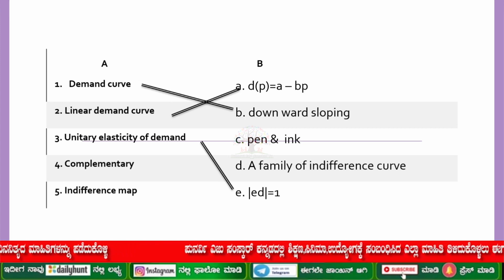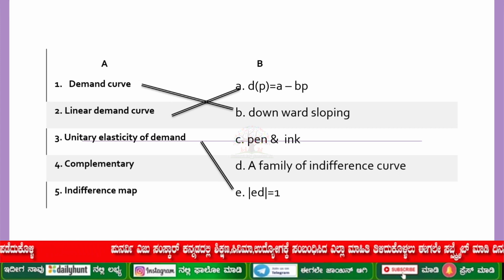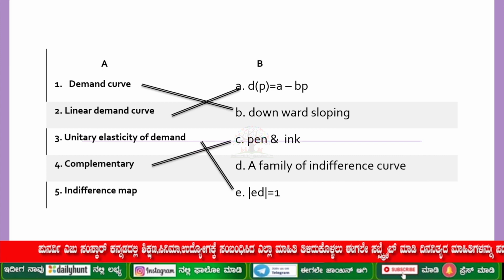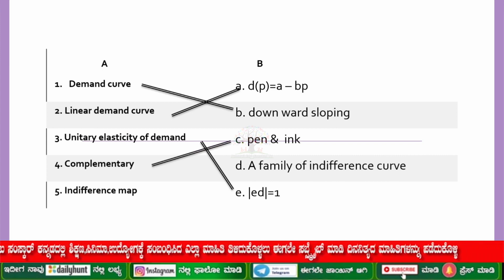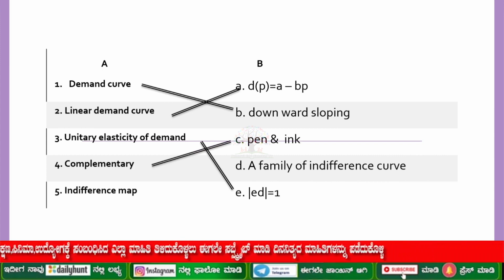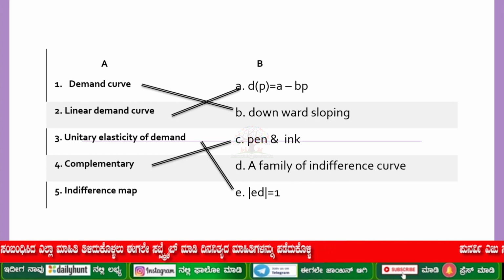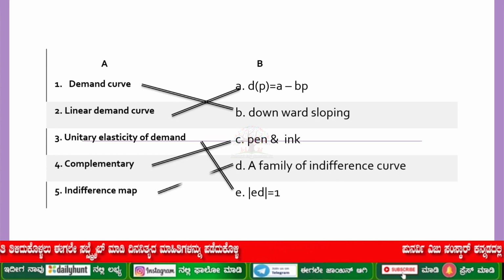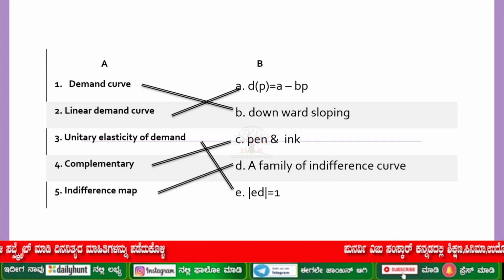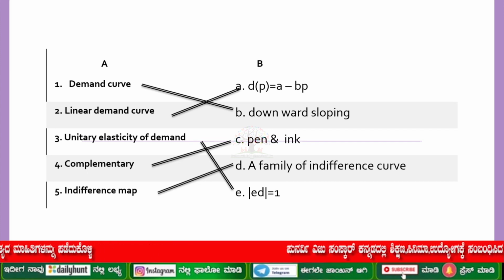Complementary goods, where we use both together to satisfy a particular want. Pen and ink, we call it an example of complementary goods. And we know indifference map is a family of indifference curves.